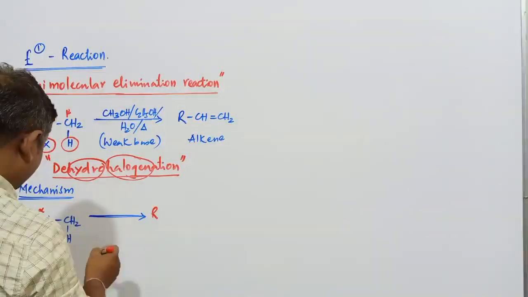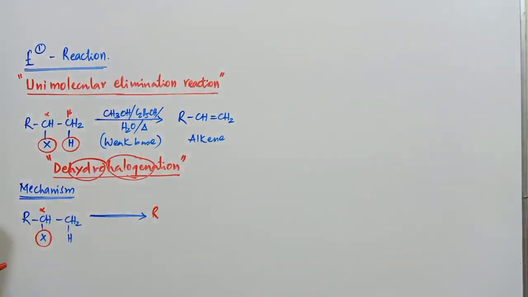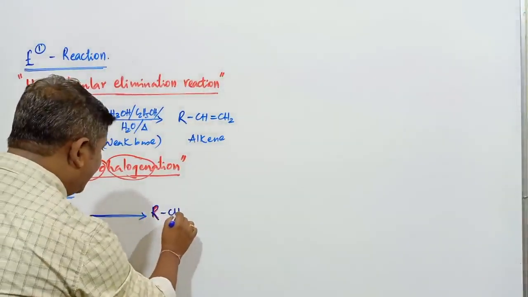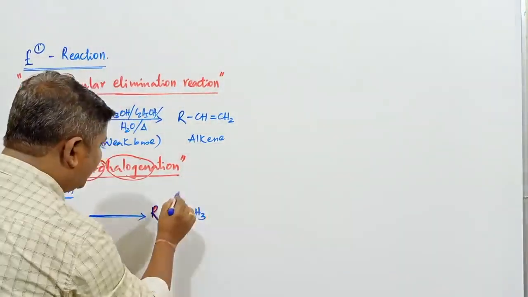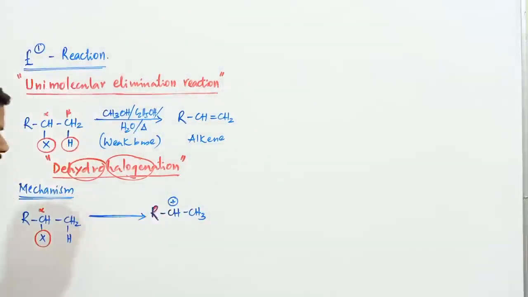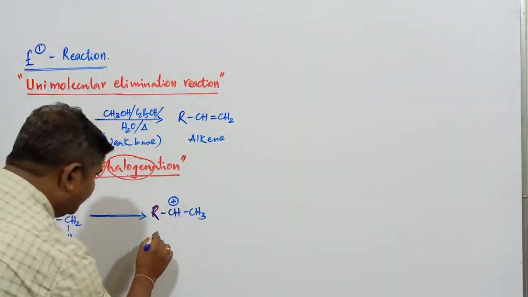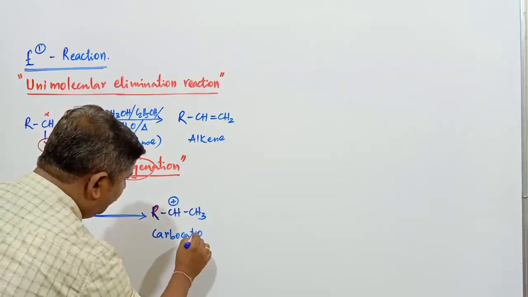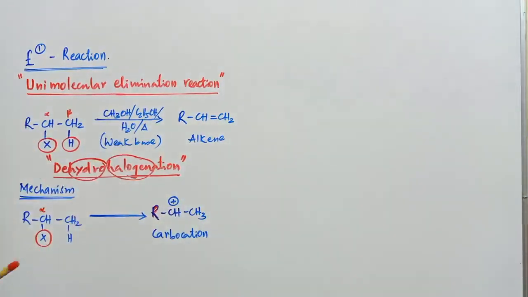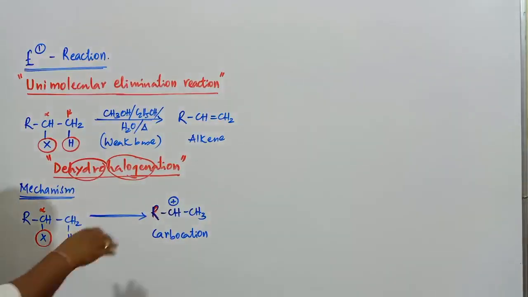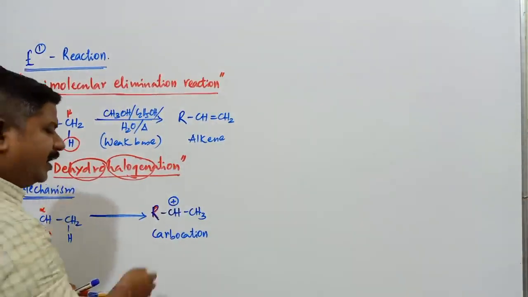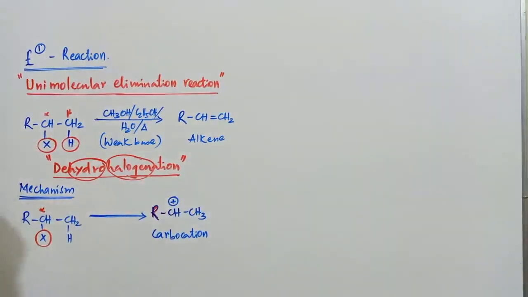That results in the formation of the compound R, CH, and then CH3 with a positive charge. Now this species is commonly called a carbocation. If any rearrangement is possible to convert primary into secondary or primary into tertiary carbocation, that rearrangement also takes place.